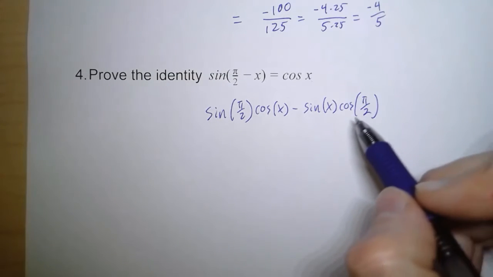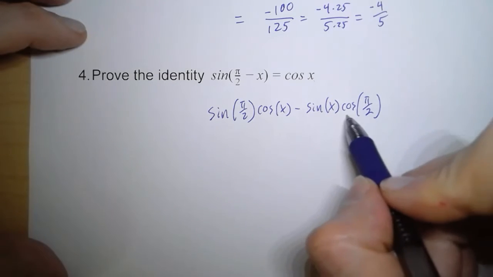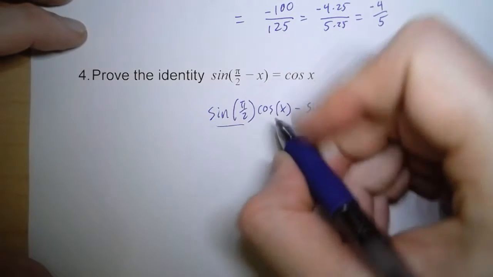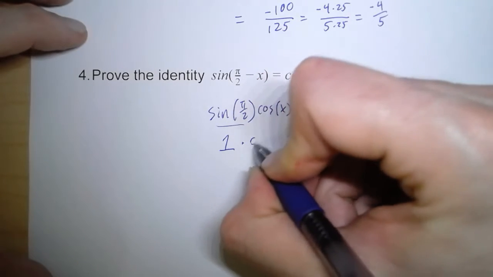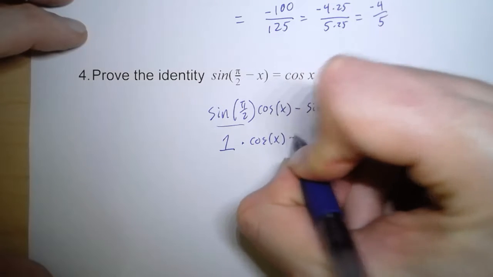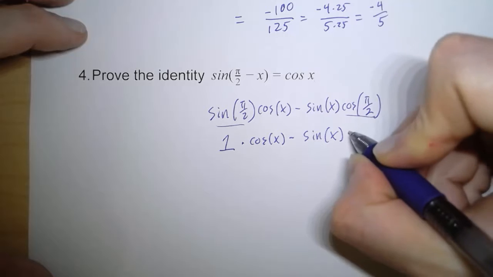Now x we still don't know, but we can find sine of x, sine of pi over 2, and cosine of pi over 2. And sine of pi over 2 is going to be 1 times cosine of x. And cosine of pi over 2 is going to be 0.